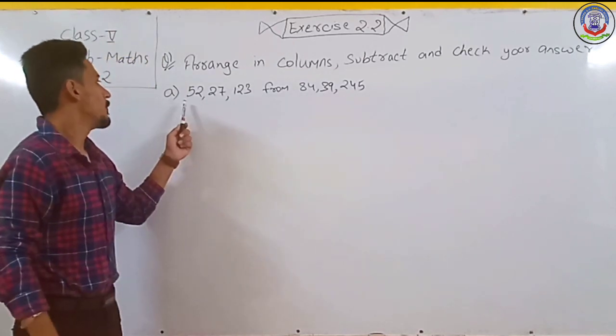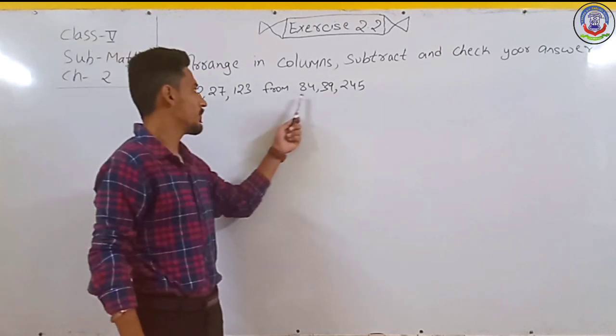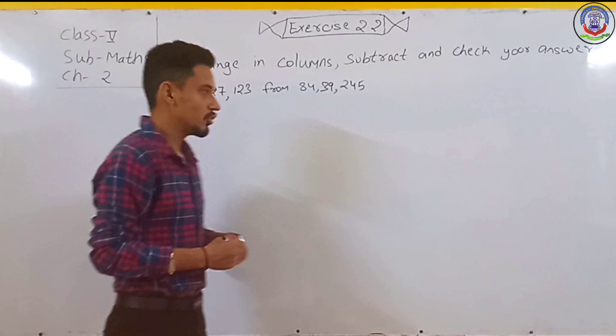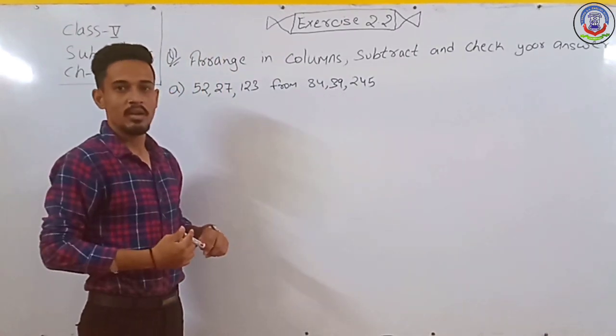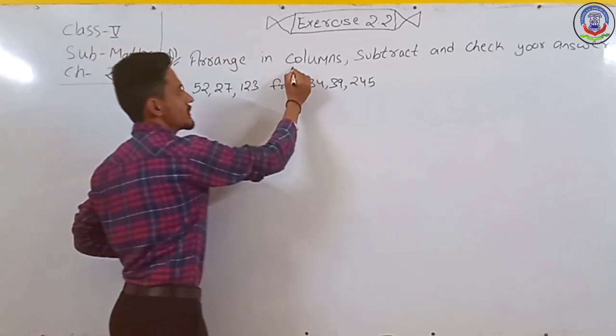We have 52,27,123 from 84,39,245. So we write this number here, but before this we have to prepare columns.